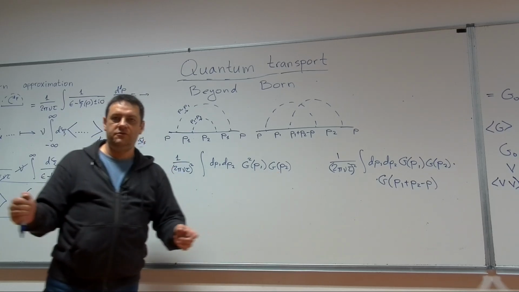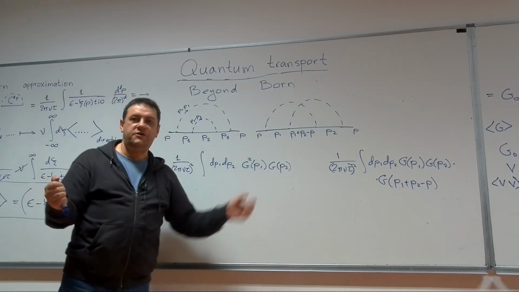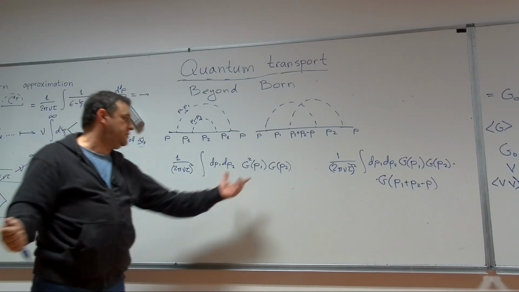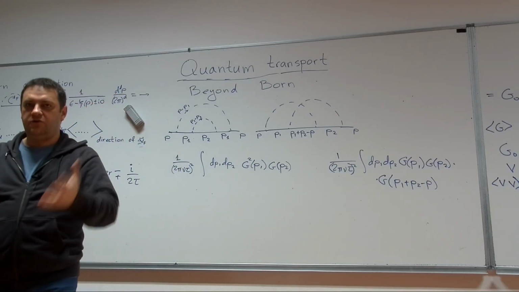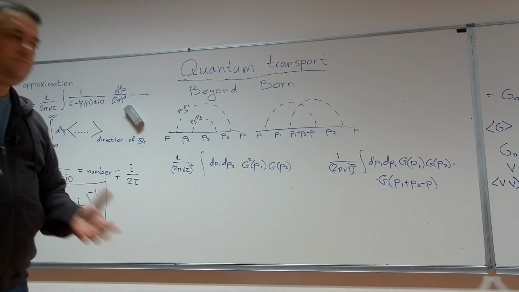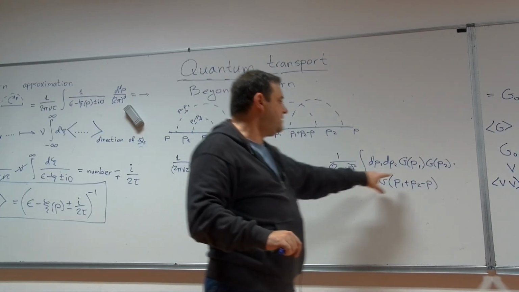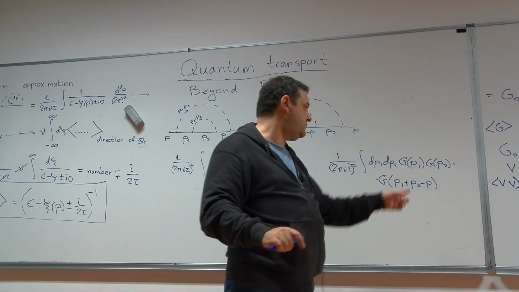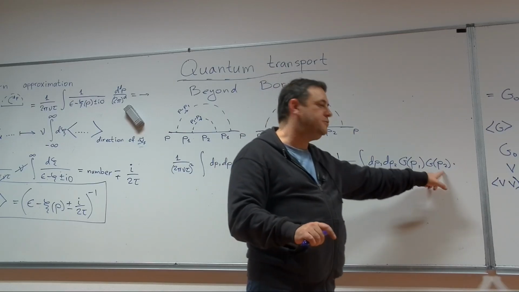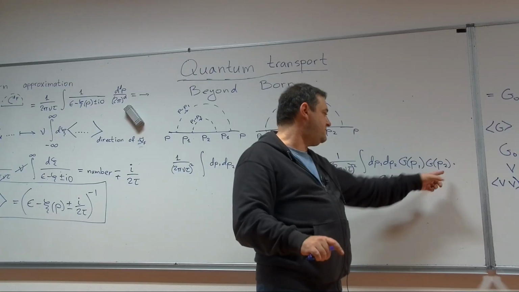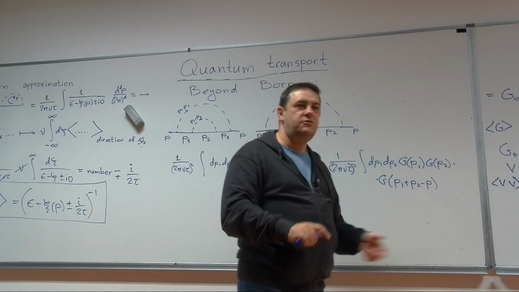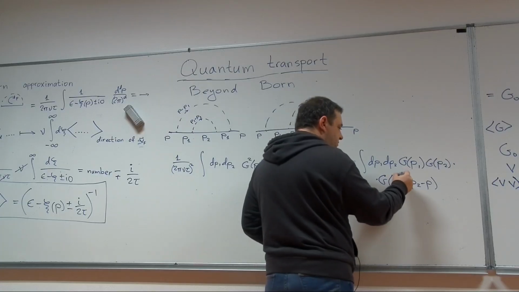P2 is also close to the Fermi level, so this green function has almost 0 in the denominator, and three green functions have 0 power 3 in the denominator. This is very nice. But for the other one, I can say that P1 is near the Fermi surface. I have 1 0 in the denominator. P2 is near the Fermi surface. I have the other 0. But this one is not. This is actually a vector. They are vectors.